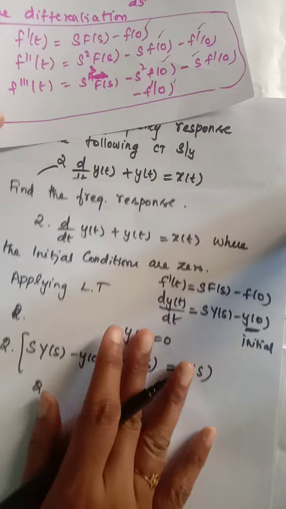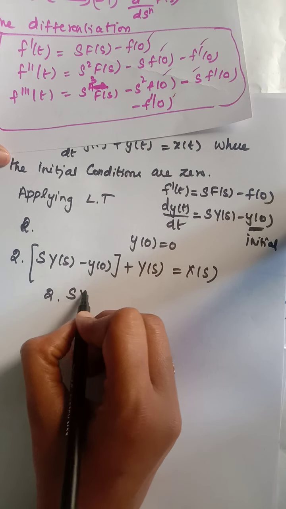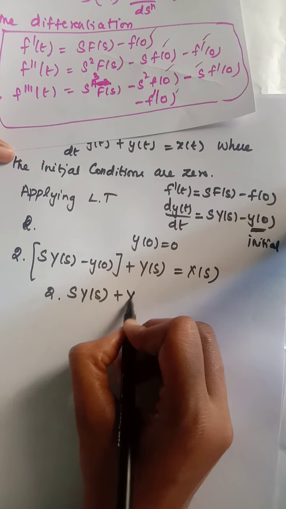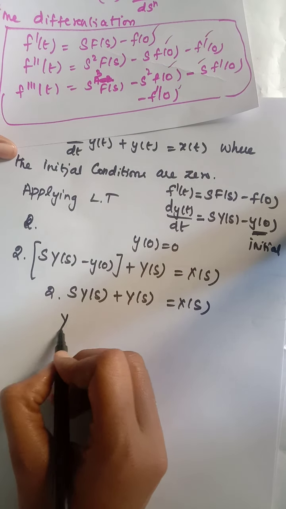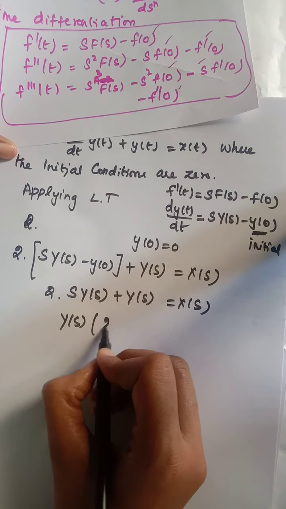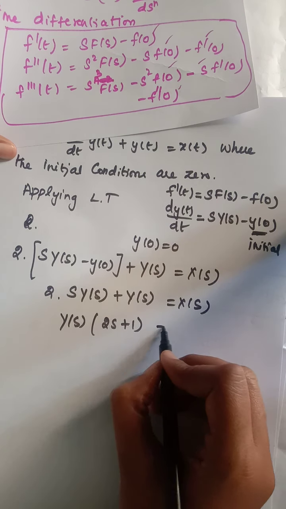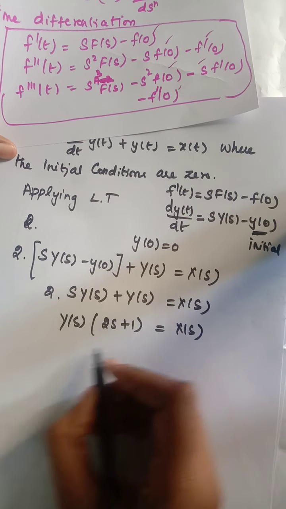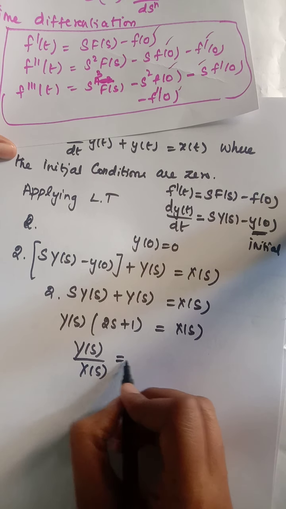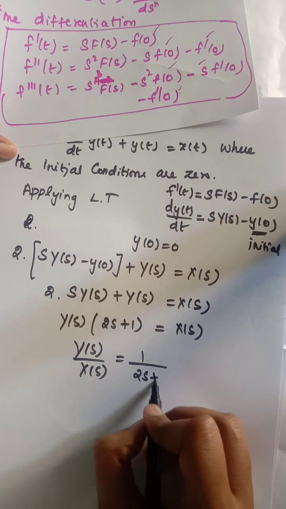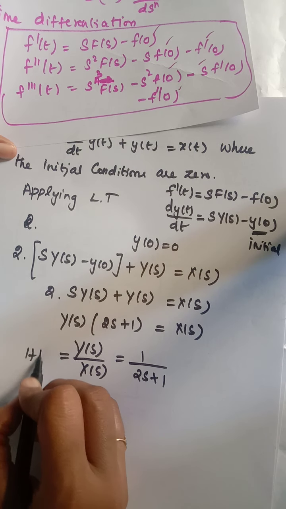So 2 s Y of s plus Y of s is equal to X of s. So Y of s times (2s plus 1) is equal to X of s, and Y of s divided by X of s is equal to 1 by (2s plus 1), which is nothing but your H of s.